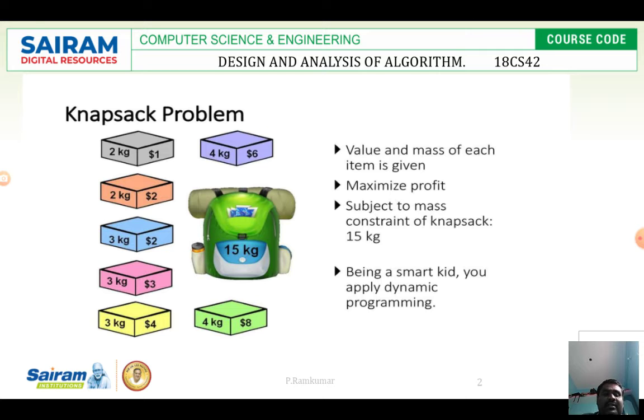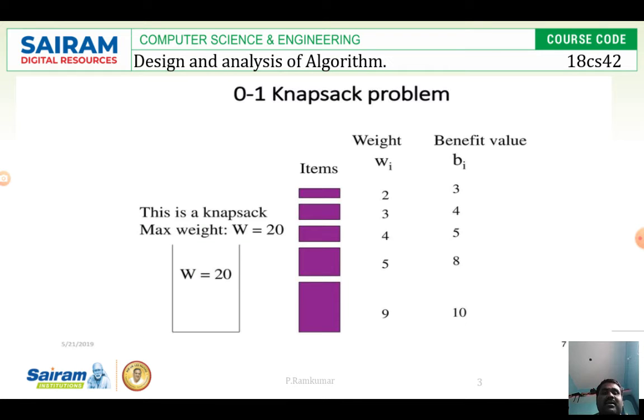So this is not a fractional method. When we applied the greedy method, we saw the fractional method, but here we cannot take any fractional value. If the first object is loaded into the bag, then it will be set to value 1. If I am unable to take the third object, then the third object value will be 0. That's what the 0 or 1 problem is for this knapsack method.